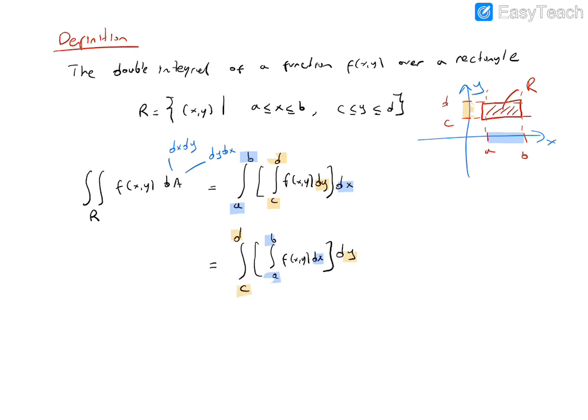So these orders are important. Inside integral and outside integral are important. In the inside integral we integrate in terms of y first, so y changes from c to d. In the outside integral we integrate in terms of x, so x changes from a to b.